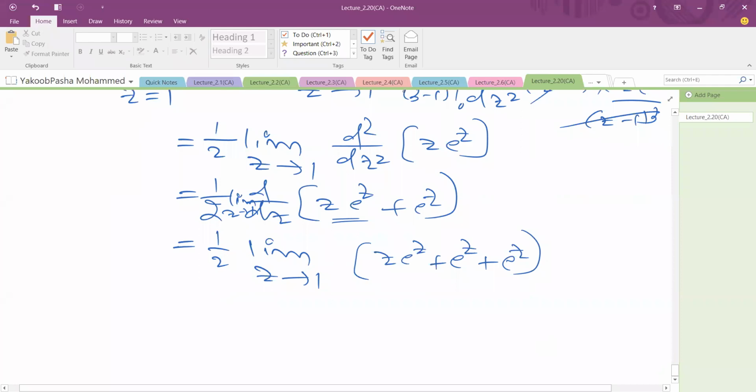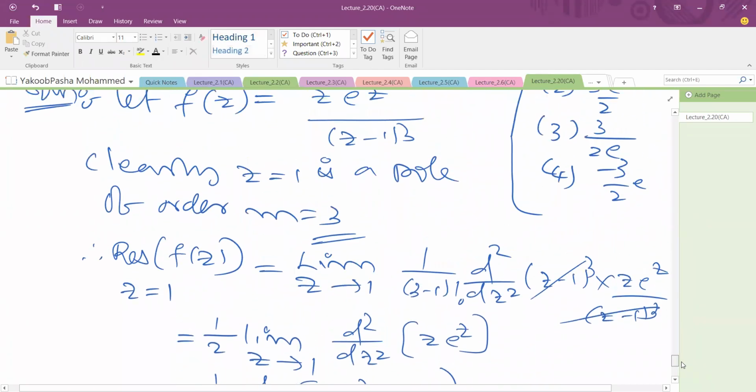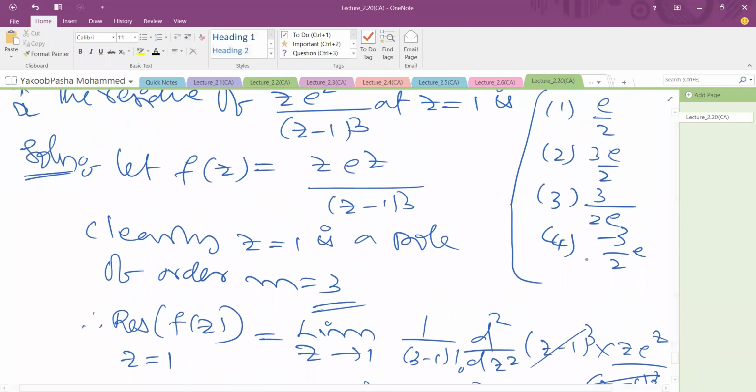Now apply z is equal to 1: 1 by 2 times e power 1, e power 1, e power 1, that is 3e. That is nothing but 3 by 2e. Okay, the second option is the answer.